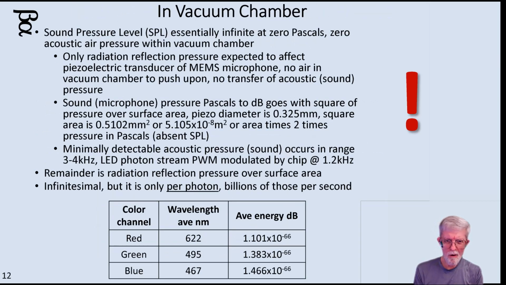So then I have to say, well, if I'm picking it up with a microphone, how do I know it wasn't noise from the microphone picking up audio? Well, I'll stick it in the vacuum chamber. Well, now I've got to judge what is the momentum transfer force of the photons as pressure on the piezoelectric material of the microphone. So I had to go in and calculate the decibel of energy against the pressure, which won't be there because it's in a vacuum.